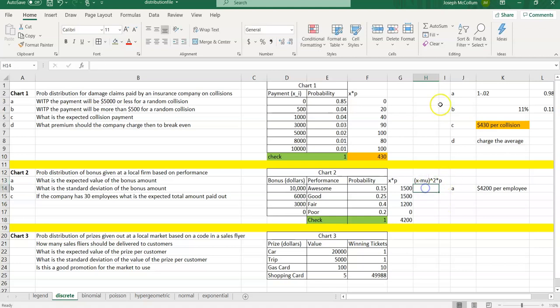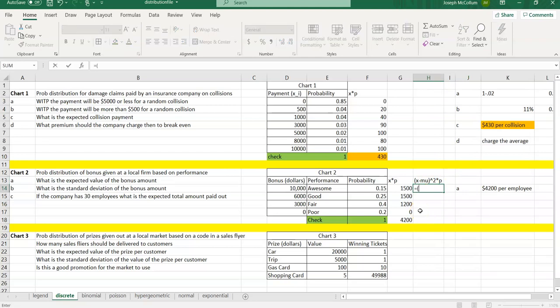That's what I have to do. So let's do it in Excel. You can do it by hand also. You have to have a parentheses. You have to have your xi, which is your individual payout. Take away the average, which we found, 4,200. Square it, and then multiply it by the probability to weight it accordingly.